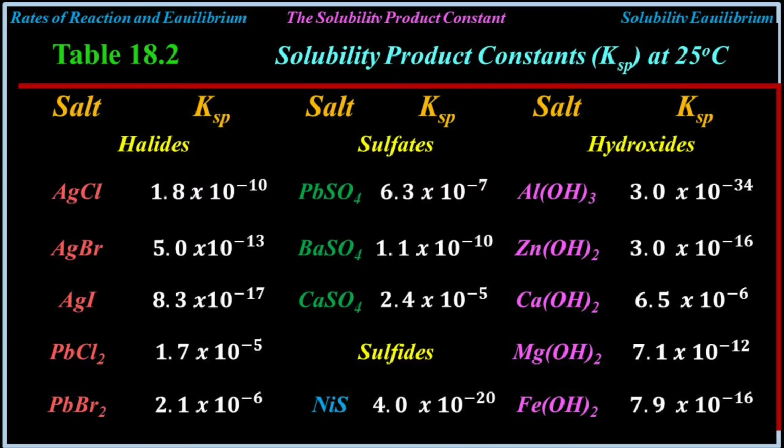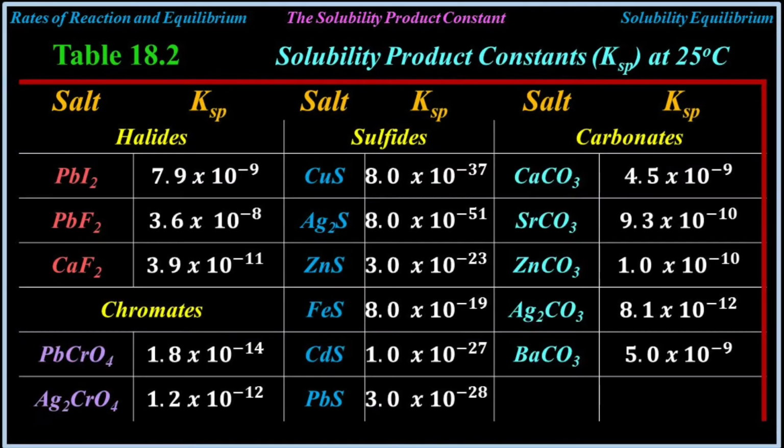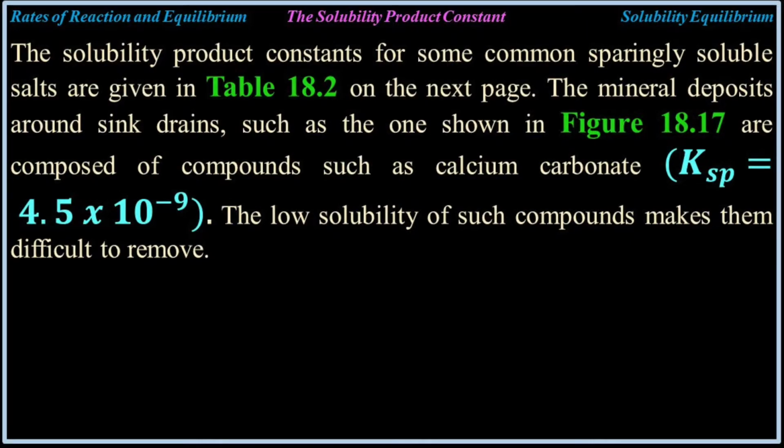Here we have halides, sulfates, hydroxides, and sulfides, and we also have chromates and carbonates. These are Ksp values for certain salts. The solubility product constants for some common sparingly soluble salts are given in table 18.2 on the next page.